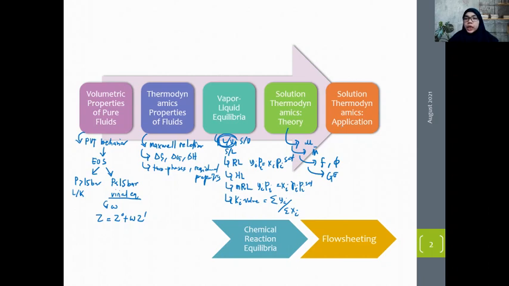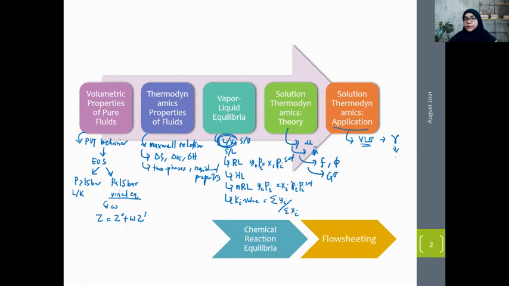And then next, we learned about the application of solution thermodynamics. The application may use experimental data instead of the theoretical data that we learned in the previous chapter. For this application, the first data that we expand on is VLE, which is related to the activity coefficient. How can we obtain the activity coefficient from vapor-liquid equilibrium data?